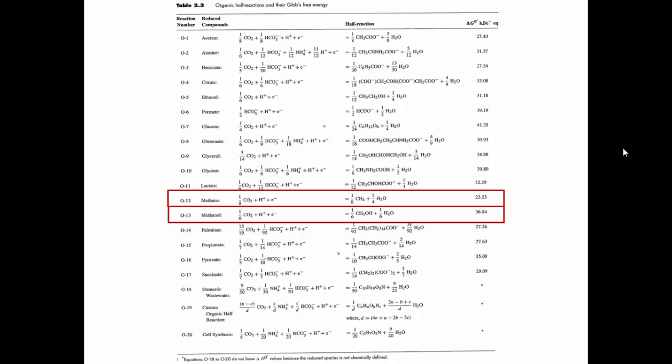And if you don't find your half reaction in this table, you can create your own half reaction by going to our main text again, Rittmann and McCarty chapter 2, which is on course site, and you go to section, I think 2.3, and you should be able to get the steps.